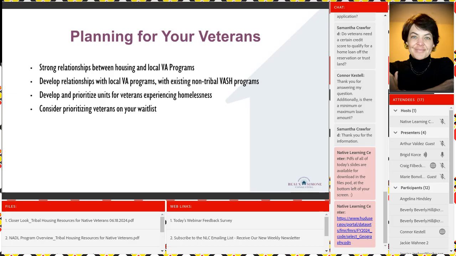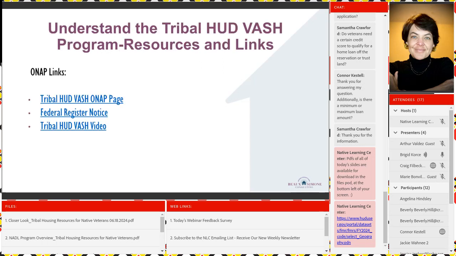And lastly, some people prioritize veterans over all other populations, just like you might prioritize elders. Think about different policies that you can use on your wait list for identifying data, but also to prioritize veterans when a housing opportunity becomes available.